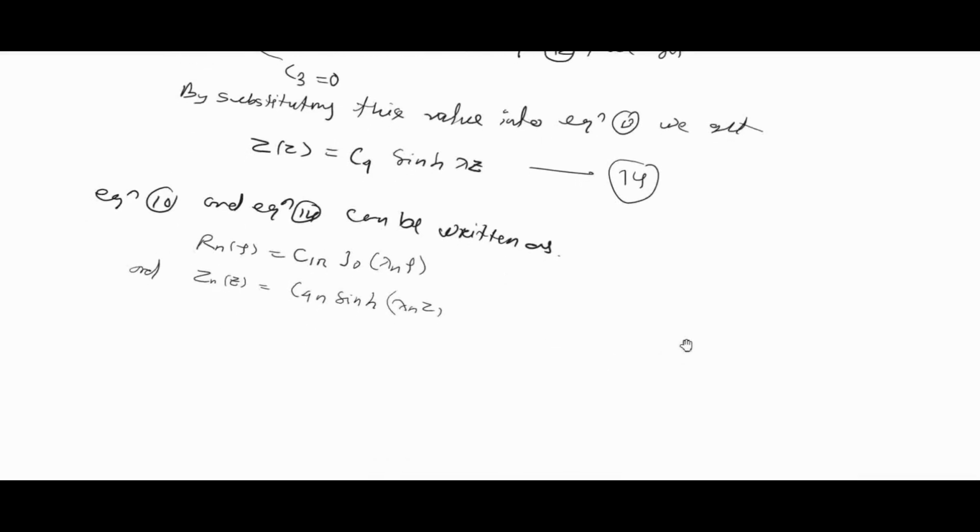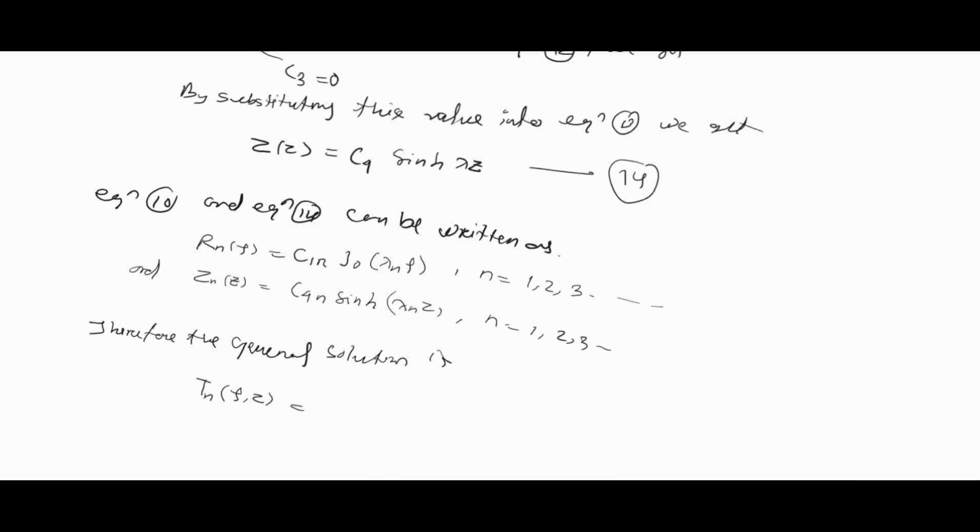Clear? Therefore, the general solution is T of rho and z. In every case, n is equal to 1, 2, 3, dot, dot, dot. Here also n is equal to 1, 2, 3, dot, dot, dot.